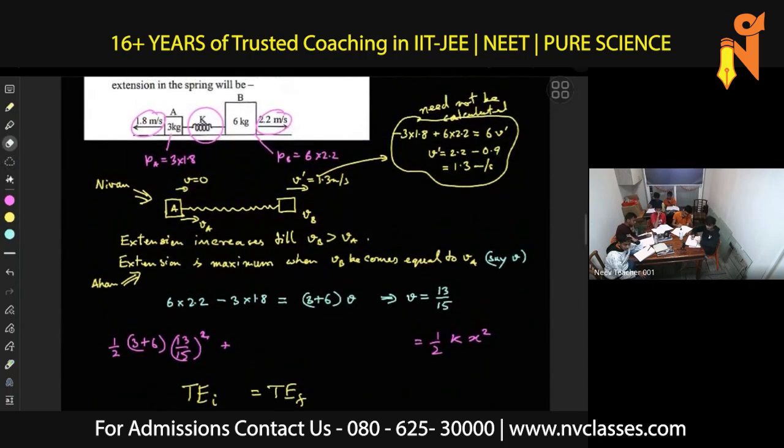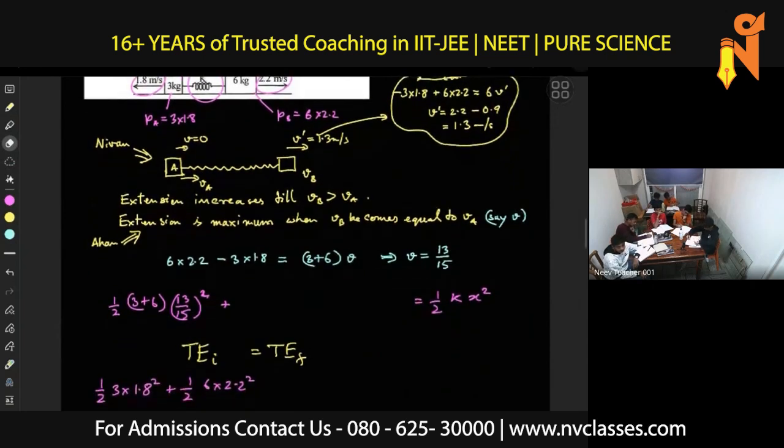Now, when the spring has extended and both the bodies have reached the same velocity, if you wish, you can make a drawing for yourself. Both of them have reached how much velocity?